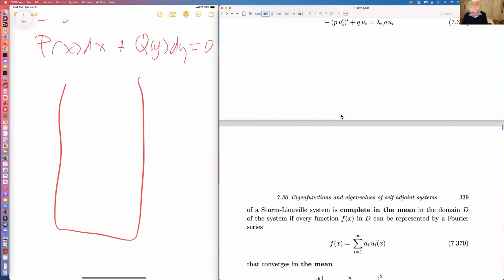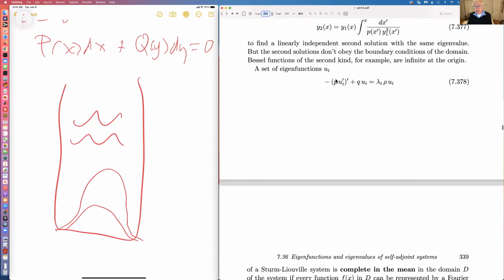The solutions in here can be cosine or sine, but only sines satisfy the two boundary conditions. That's a very good example, by the way, that you should study carefully. It's something you've probably seen in a quantum mechanics course, but it's very instructive and has all these features.